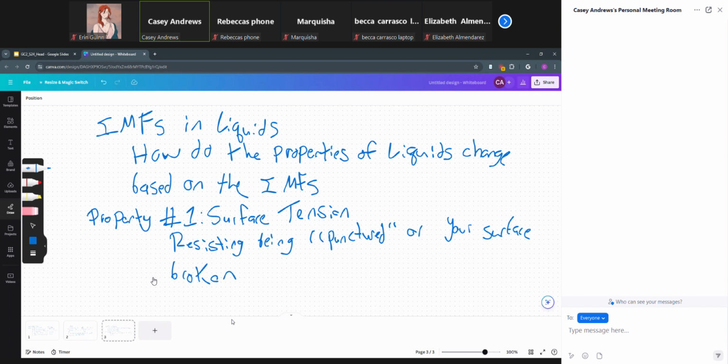And those of you who ever dived into a pool as a kid might also know surface tension. If you're diving into a pool, and the Olympics are coming up, so you're going to see this too, which way would you rather dive into a pool? Would you rather dive with your hands forward or straight on your stomach? Your hands forward, right?